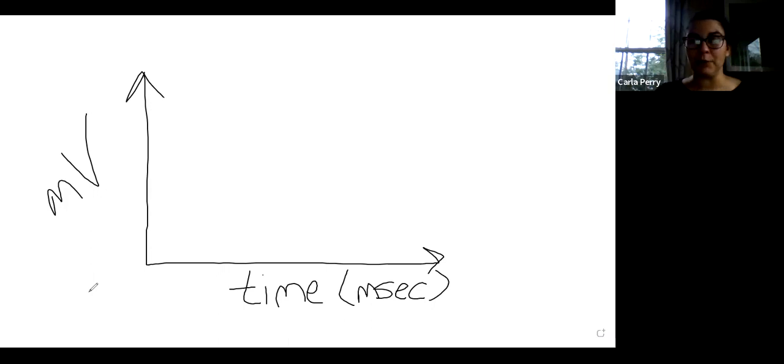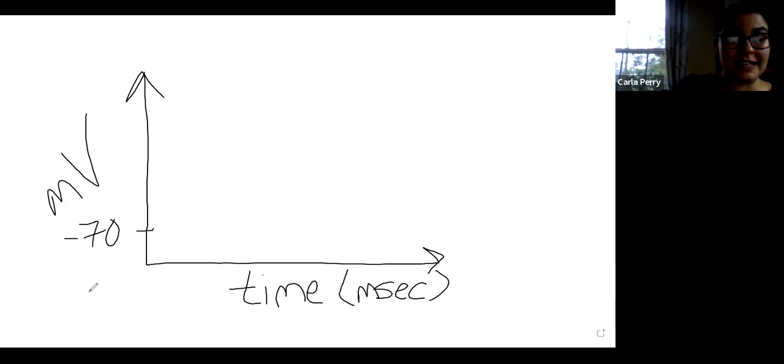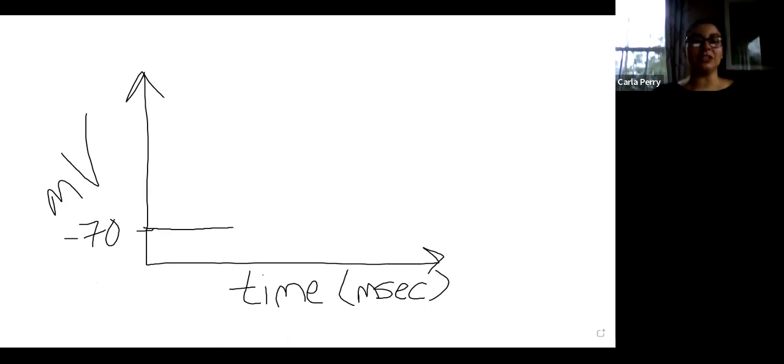So does everybody remember what resting potential is? Resting potential is negative 70 millivolts. I don't have to write millivolts here because I labeled my y-axis in millivolts. So resting potential just means that this neuron is sitting at negative 70 millivolts over a certain amount of time.